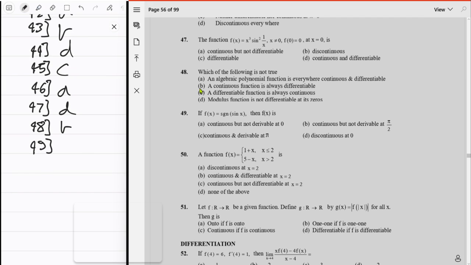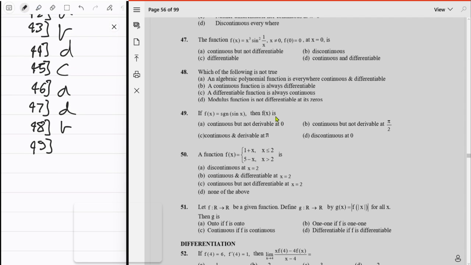49. f of x is this thing, signum of sine of x. Then f is continuous but not differentiable at 0. So right after this thing is just, yeah, okay, fine. It's 1 over there, it's negative 1. And no, it's not continuous in the first place.